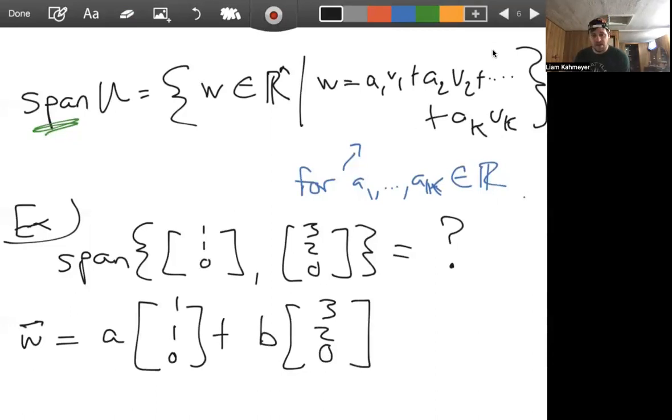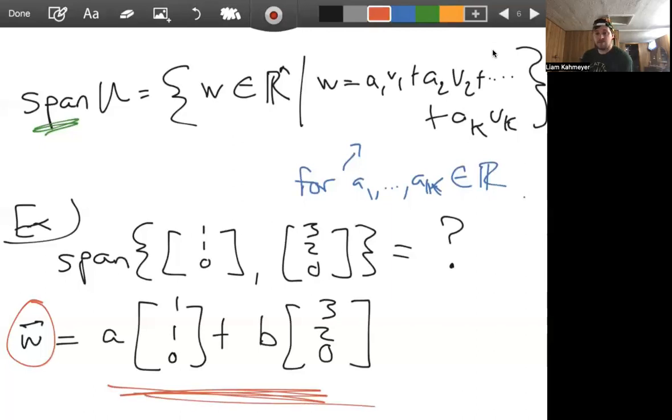We're trying to find the set of all vectors W such that they're written as something that you see on the right for constants A and B, right? And as you vary the constants A and B, you're going to get different vectors, right?